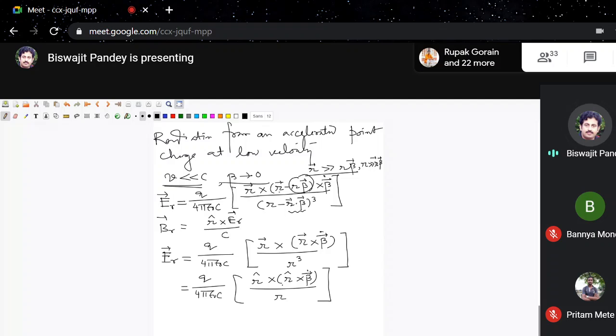So A cross B cross C. Now let us take the cross product between these three vectors. What will that be? B (A dot C) minus C (A dot B), which is R cap dot R cap divided by R.